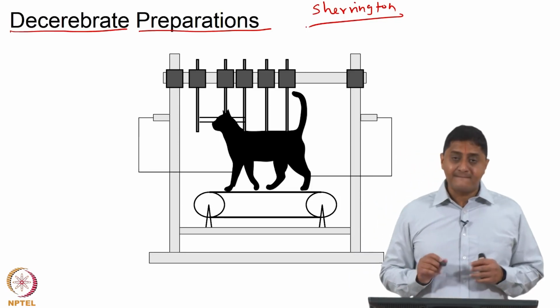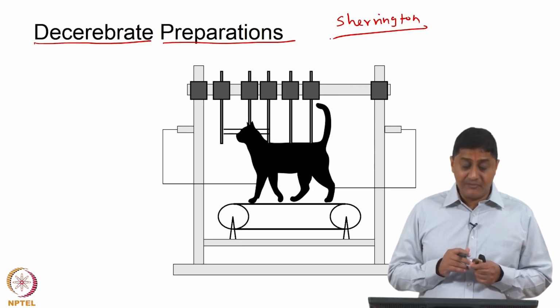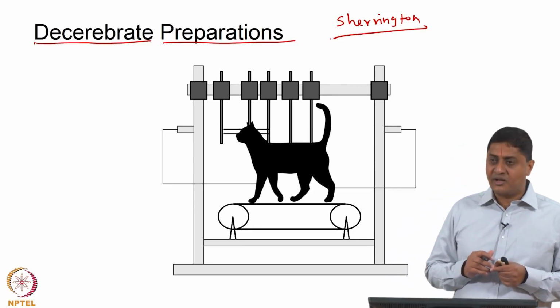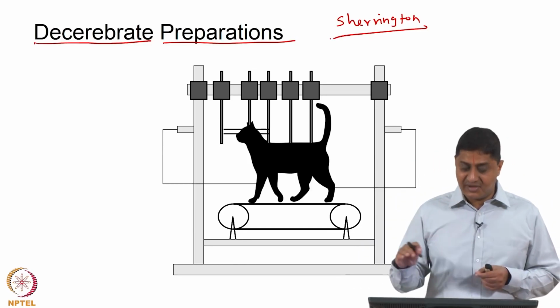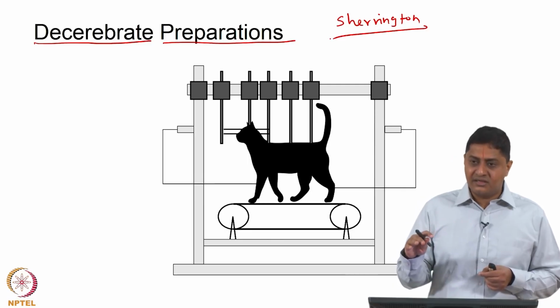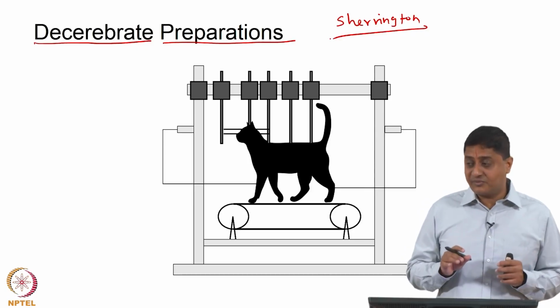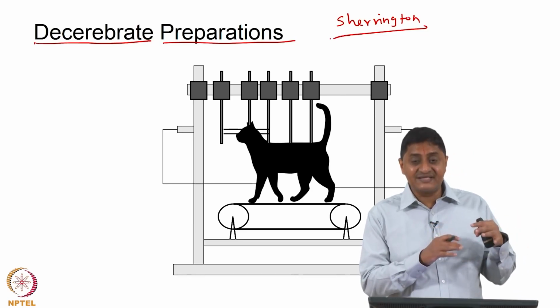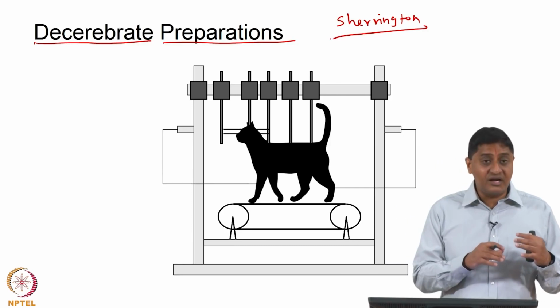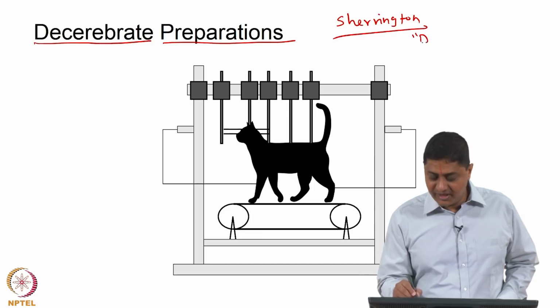What he said was that if we could transect at the level of the midbrain, then the surgical cut from the higher centers is made at the level of the midbrain, while keeping the midbrain locomotor centers intact. There is great extensor tone that is maintained, and this great extensor tone is sufficient to support the body weight of the animal. We call this the decerebrate rigidity. In previous classes we have described this.